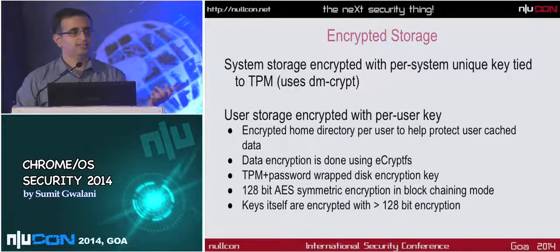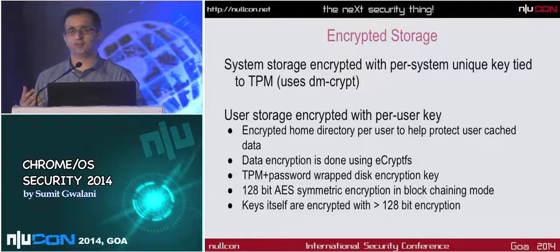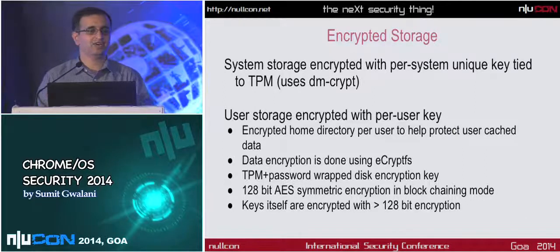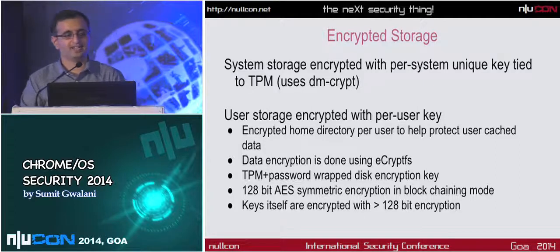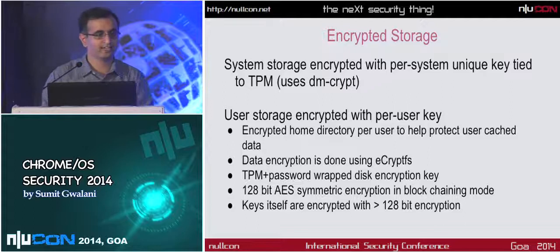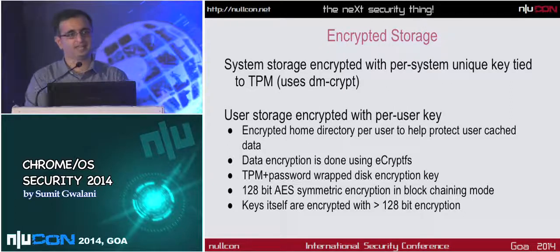So in the last talk, we talked about how encryption is not necessarily enabled by default for most users. How do you change that? How do you make it default, secure, and not get in the way of the users? The idea here was that the most private data a user has is generally their own data, their user storage. It could have your PII, even sensitive PII.